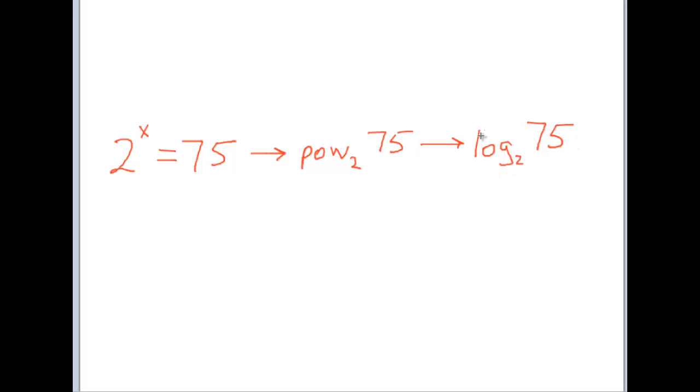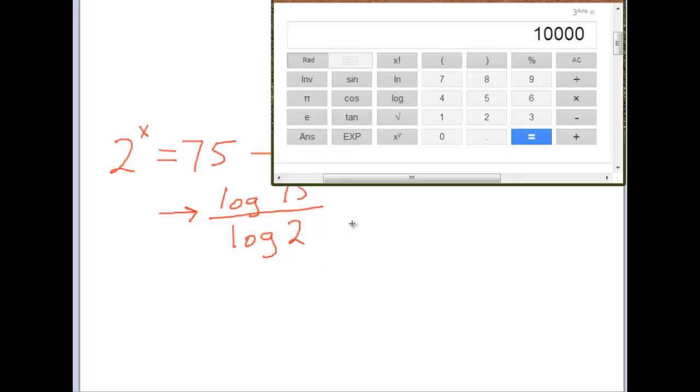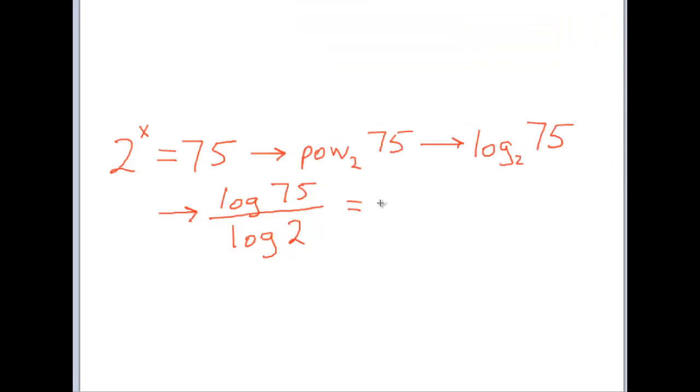And so we use our change of base formula, and the change of base formula says that is equivalent to log of 75 divided by log of 2. And so log of 75 divided by log of 2 is 6.2288.